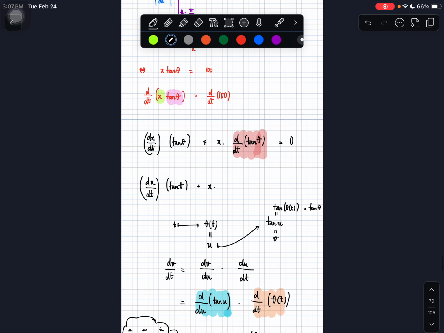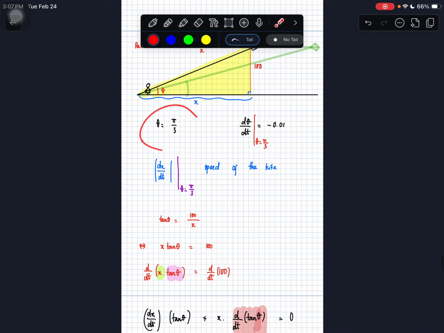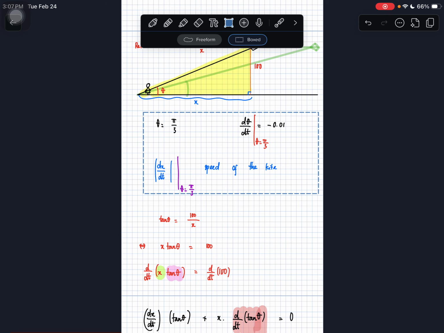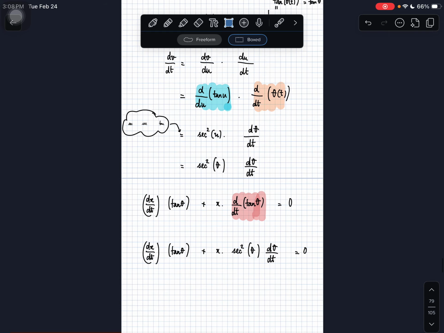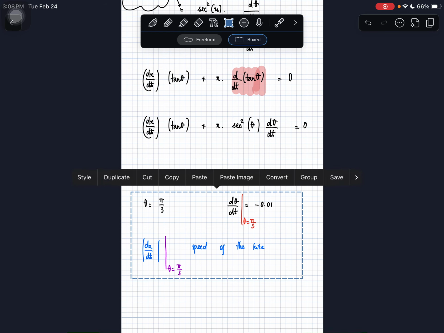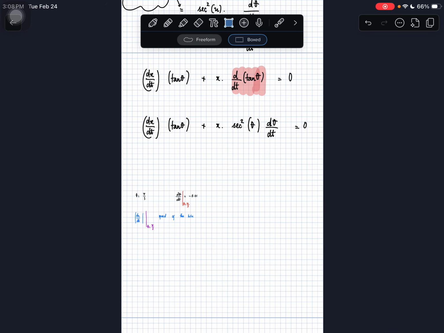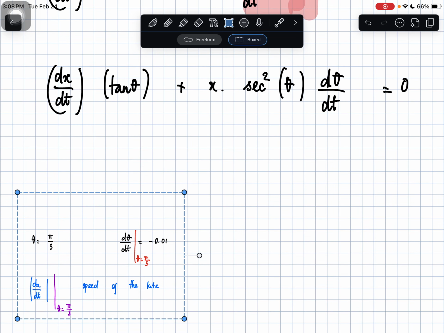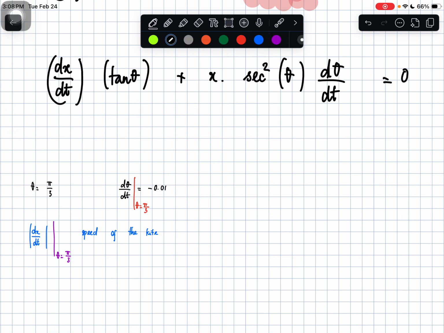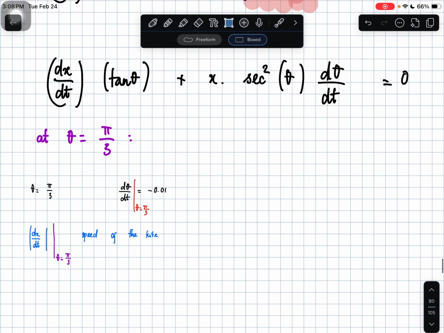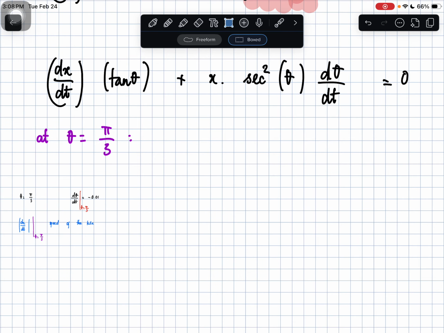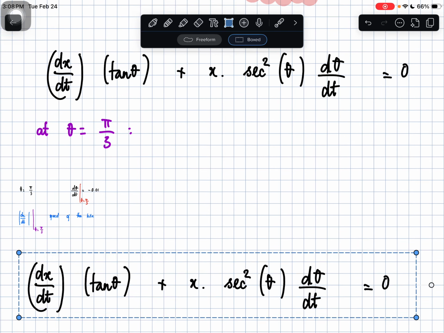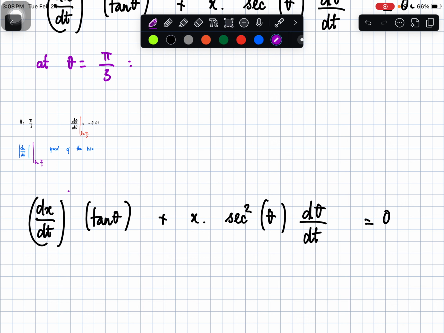So they ask us to compute this when the angle is pi over 3. So let's get this data. Here's what we have. We want to look at dx over dt at theta equal to pi over 3.